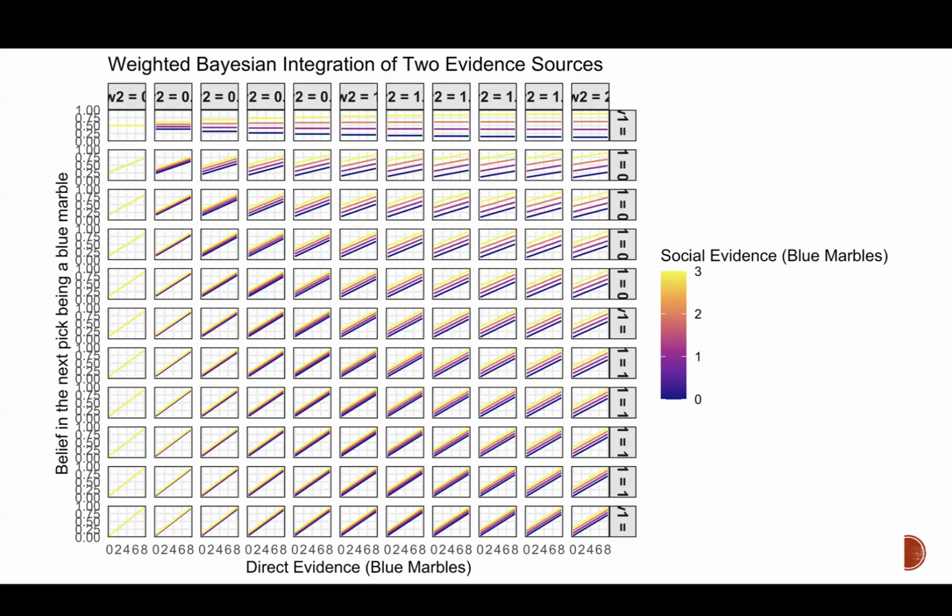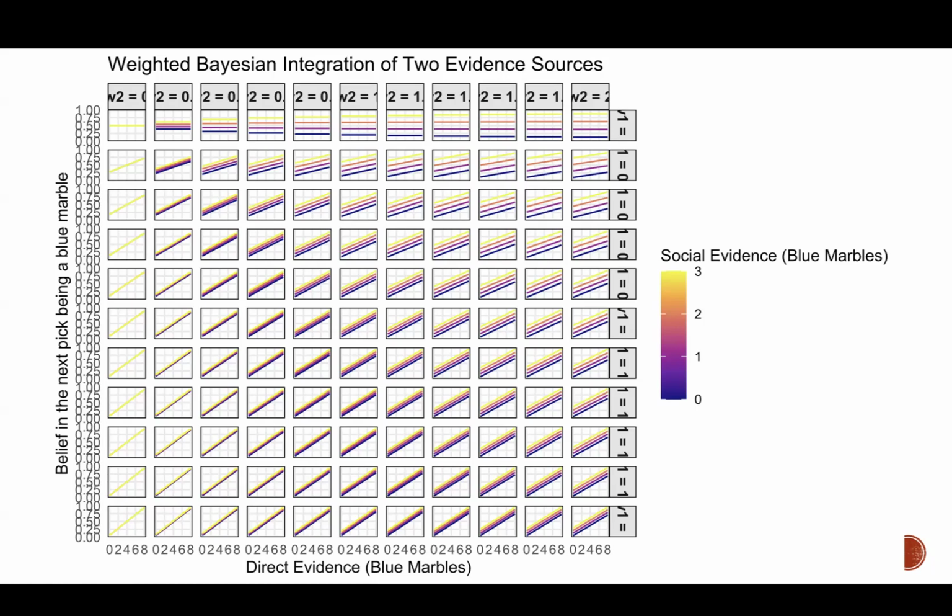But we can see that we vary the weight for social evidence on the columns and of direct evidence on the rows. So we can see all the first column, basically there is no impact of social evidence, right? Because the weight is 0. And on the top row, we see no impact of direct evidence because the weight for it is 0.